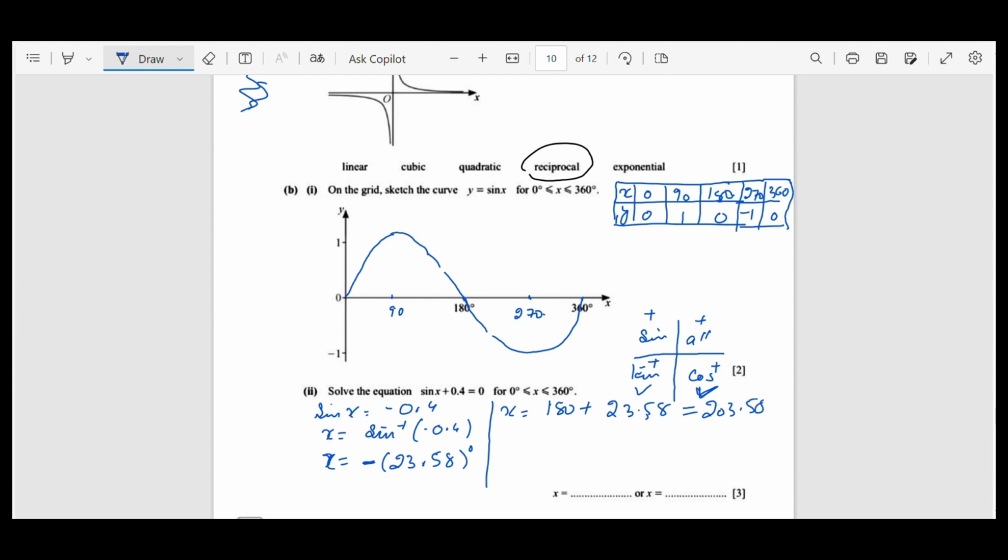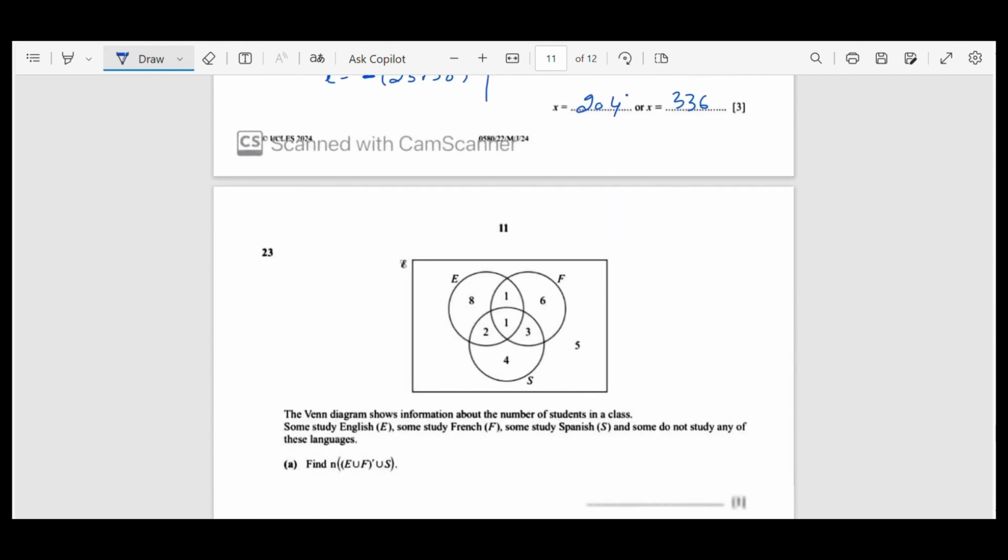In the fourth quadrant, it is 360 minus 23.58, which is 336.42. To 3 significant figures, our answer will be 204 degrees and 336 degrees. Right?